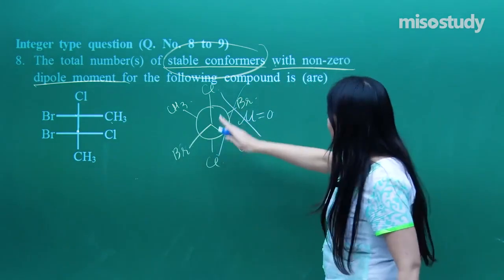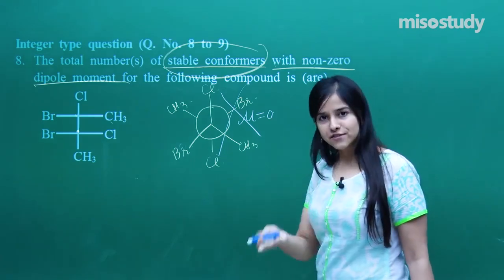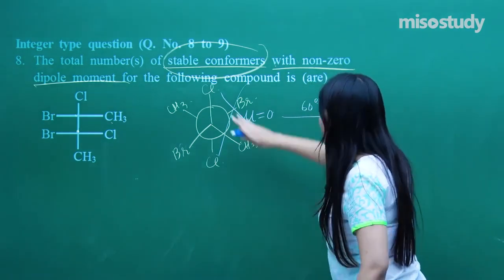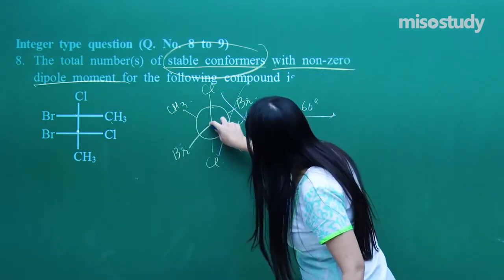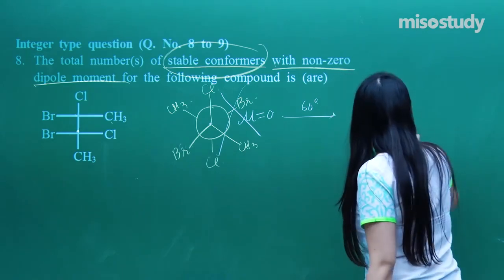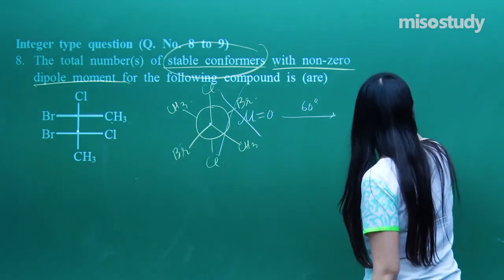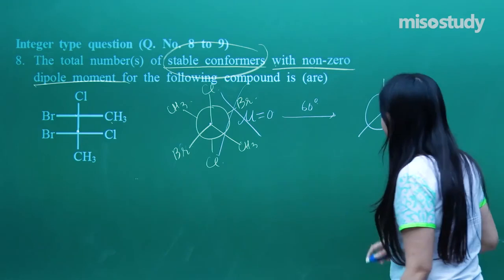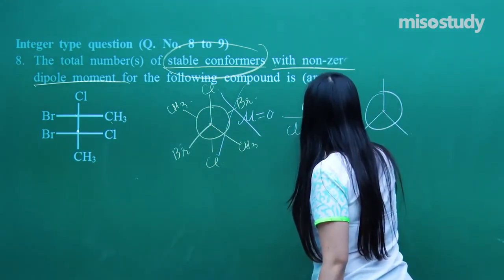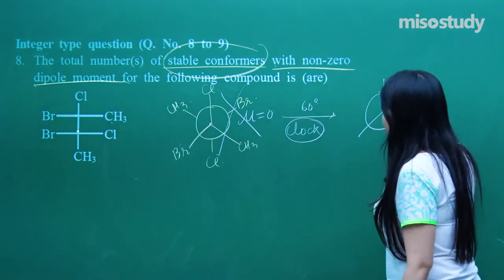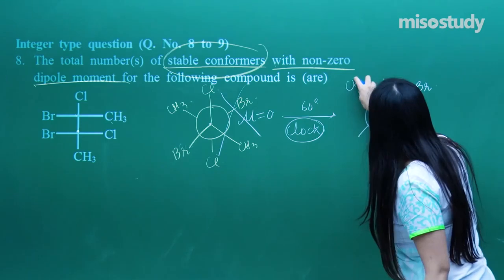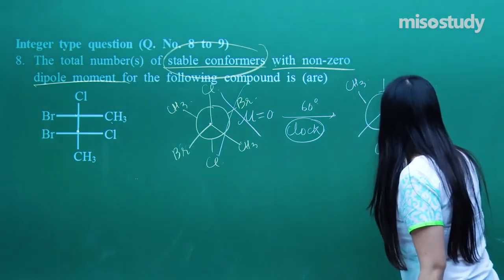Let us now rotate this molecule to get different conformations. If I rotate it 60 degrees to the right, I am choosing the first carbon, the one lying towards you, and rotating it clockwise. It would definitely be Br, CH3 and this is Cl.